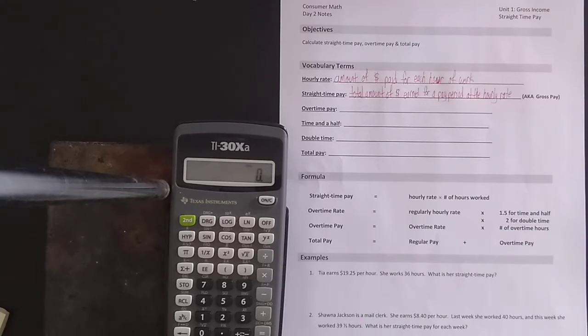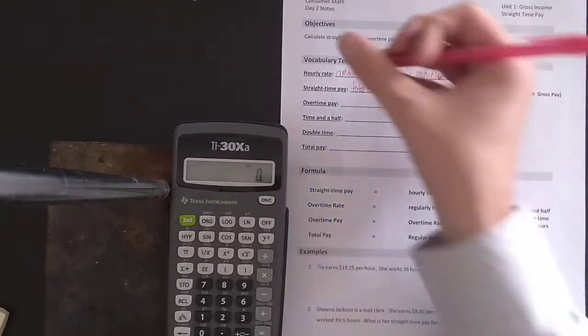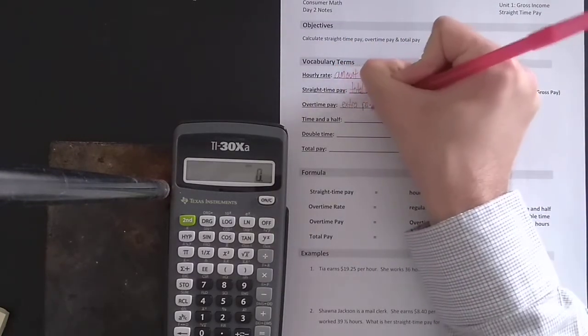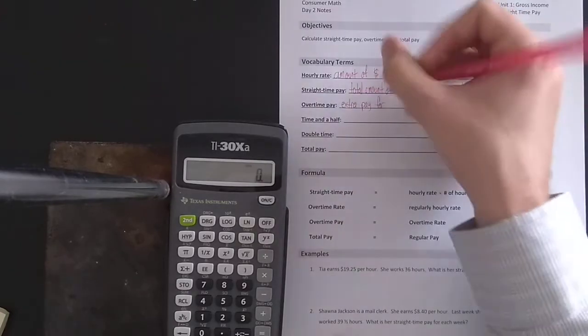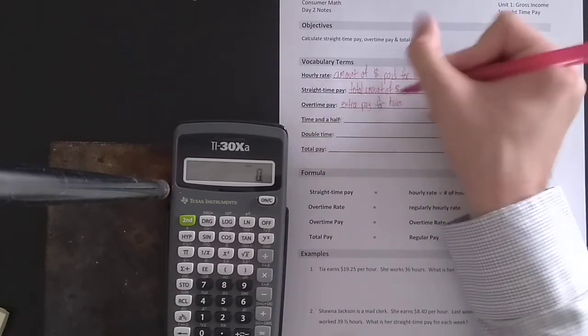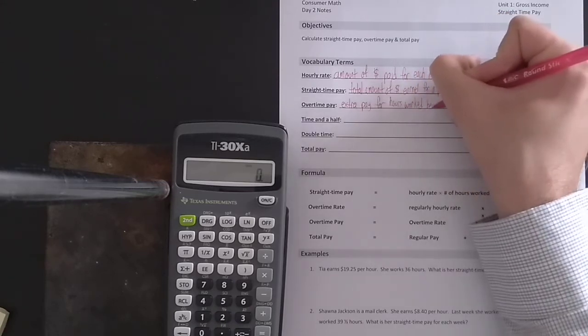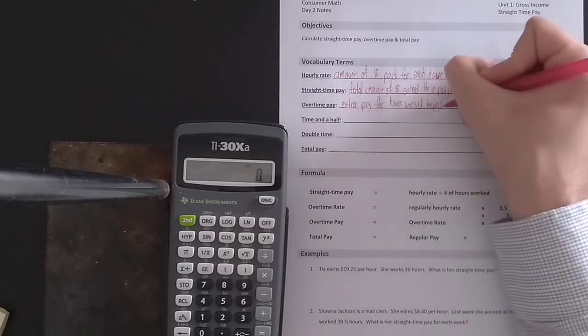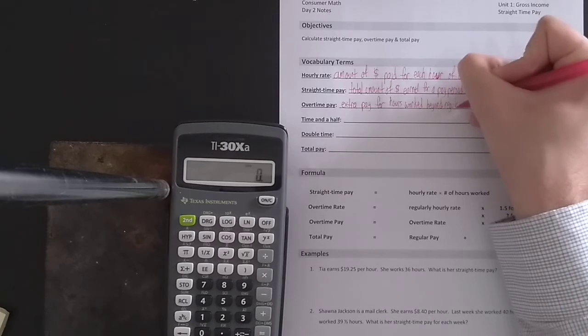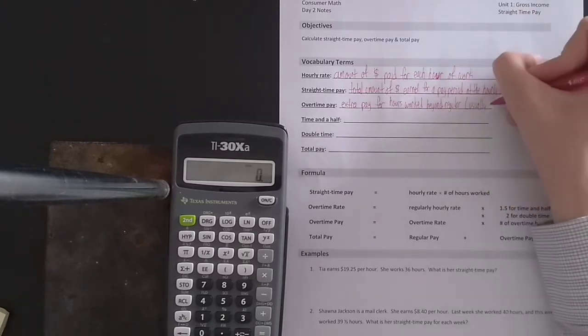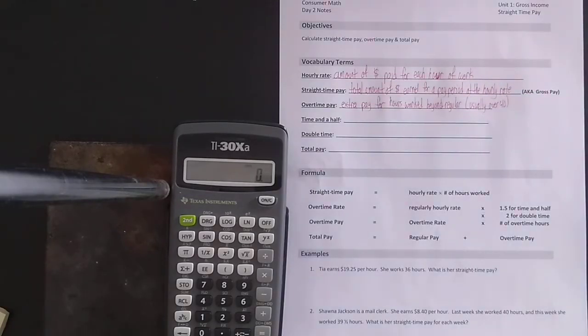Now, sometimes some jobs may offer what is called overtime pay. Overtime pay is extra pay for hours worked beyond regular. I'm going to put in parentheses, usually this means any hours beyond or over 40 hours.